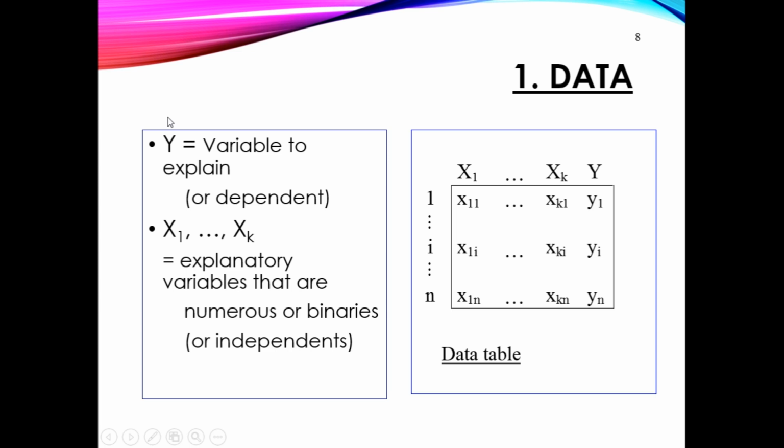Look at this table on the right of your screen. You can see that every variable, whether it is a dependent variable or an explanatory variable, has a realization at any period of time.